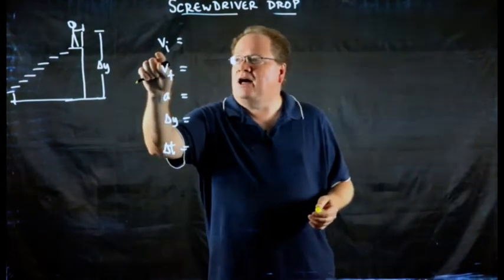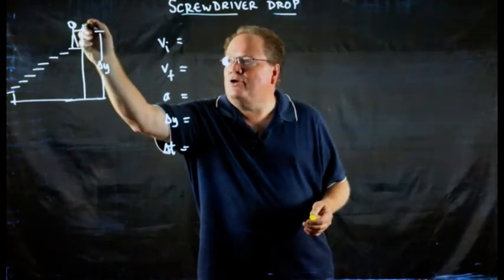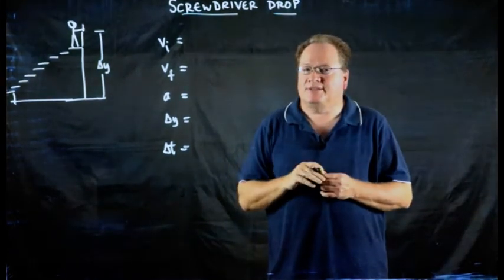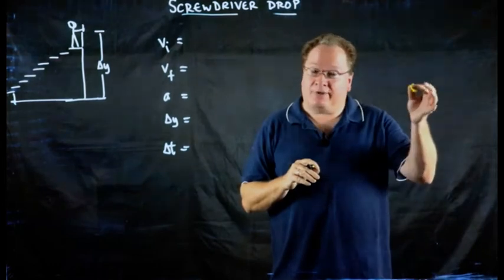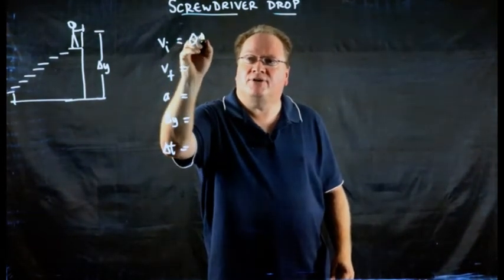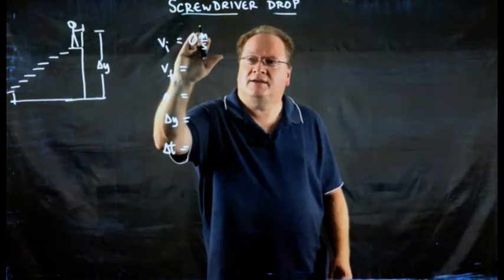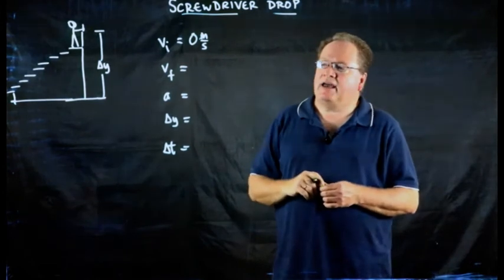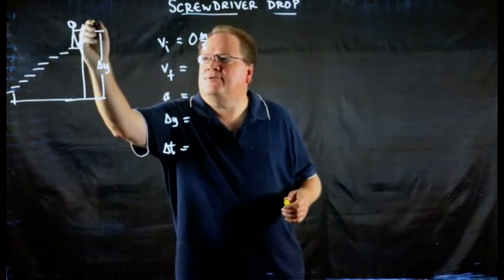So VI, the velocity the moment that I released that screwdriver, did we know what that was? We did. I released it from rest, which means this is 0 meters per second. Did I know what the VF was?